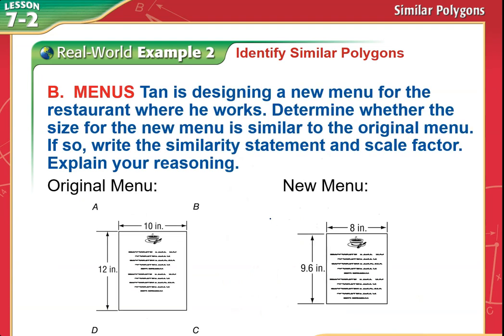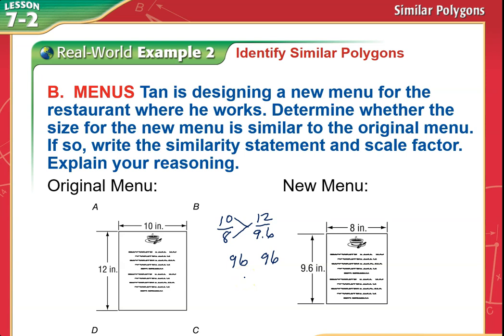Okay, so we have a new example here. We have 10 is to 8, and 12 is to 9.6. Well, 10 is to 8 as 12 is to 9.6. And lo and behold, 96 is this product, and 96 is that product. Therefore, they are similar.